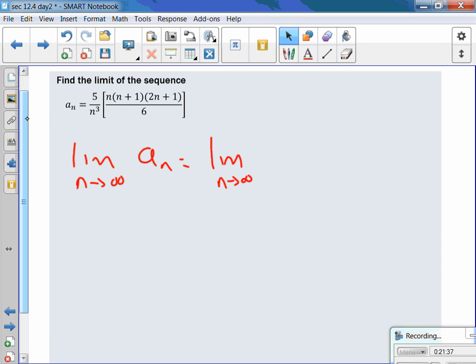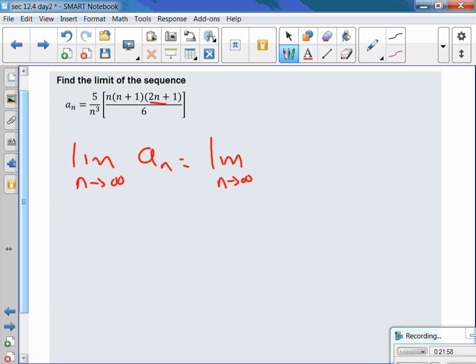Well, without doing any work, do I know? It's a third degree as well. How many times am I multiplying n? 1, 2, 3. I know I have a third degree polynomial in that numerator.